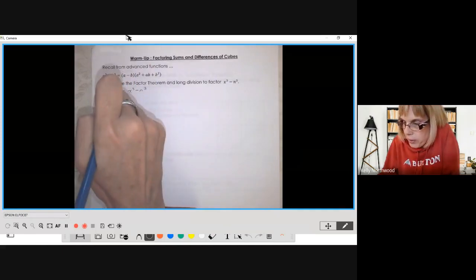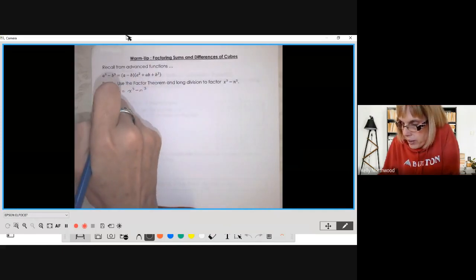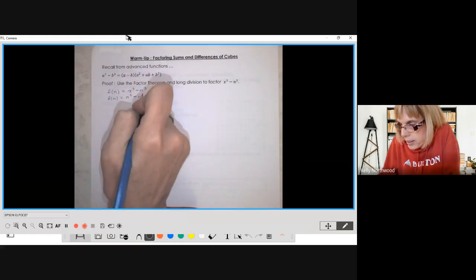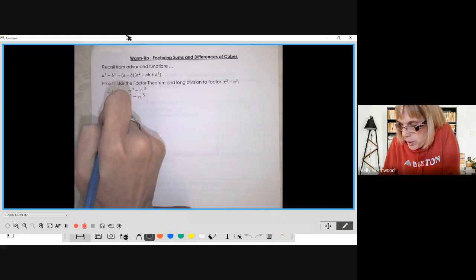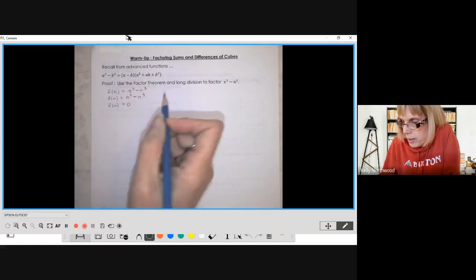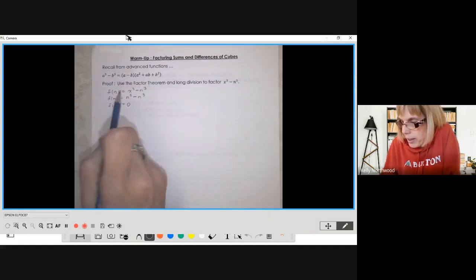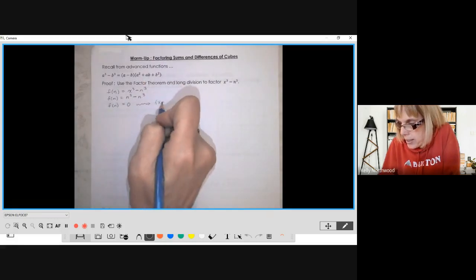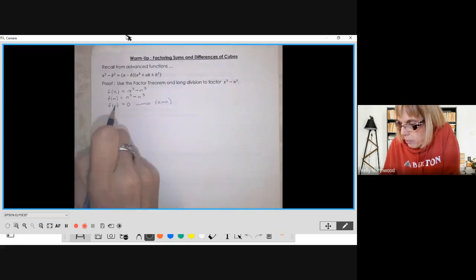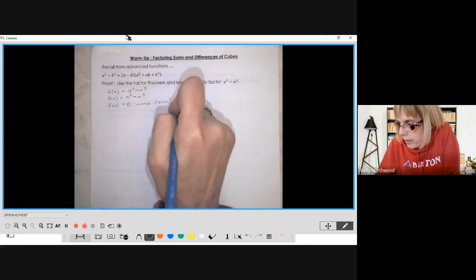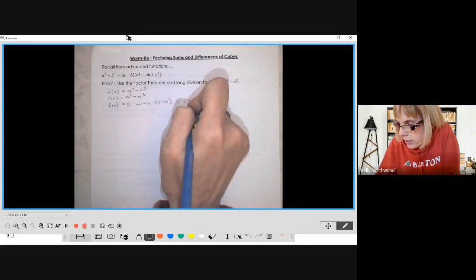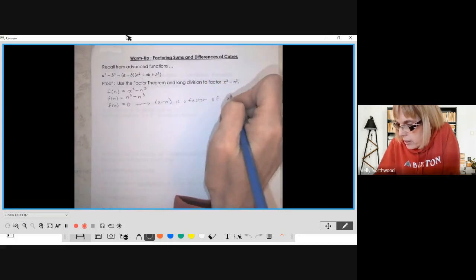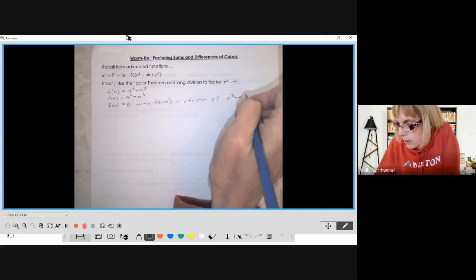If we found f at n, f at n would be n cubed minus n cubed, which would equal 0. And if you sub a number in and you end up getting 0, it means that x minus n, or x minus whatever number you put in, is a factor, which means it divides evenly into x cubed minus n cubed.